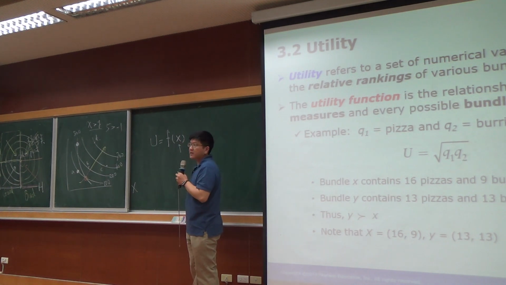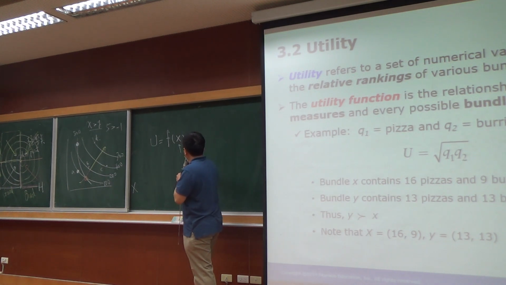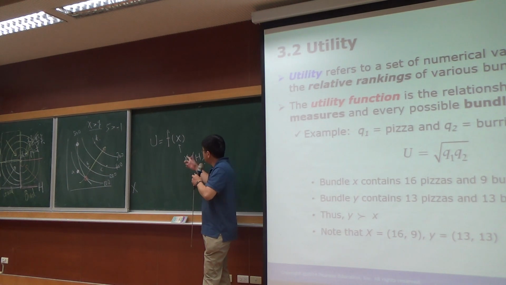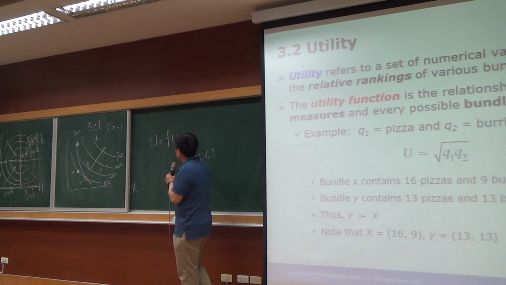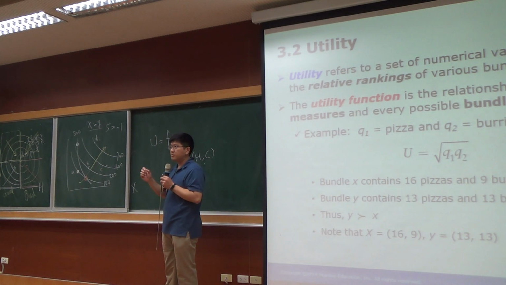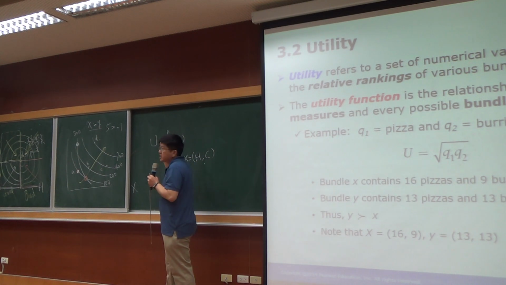X is a combination, so it can be hamburger and Coke, something like this. So you input a bundle, and the output of this function would be a real value, utility.